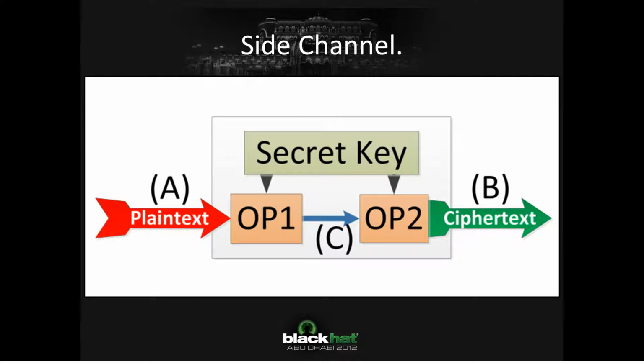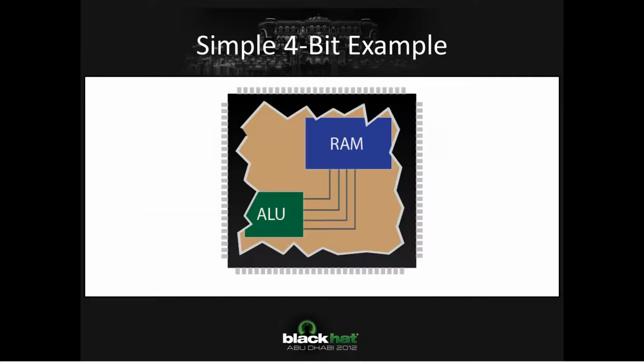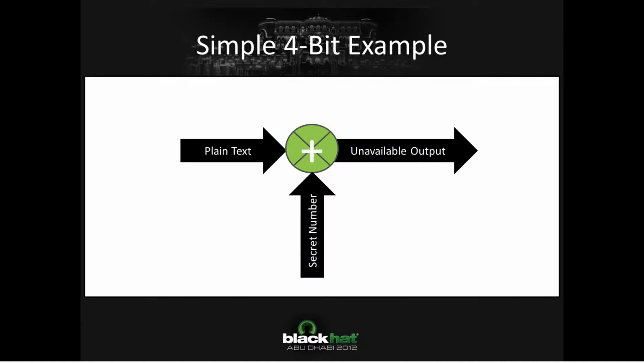Everything here seems pretty abstract, so let's look at a really specific example. Let's look at a 4-bit machine, and that 4-bit machine does only one operation. It takes a plain text input and adds to it a secret number we don't know, and the output just goes away somewhere.